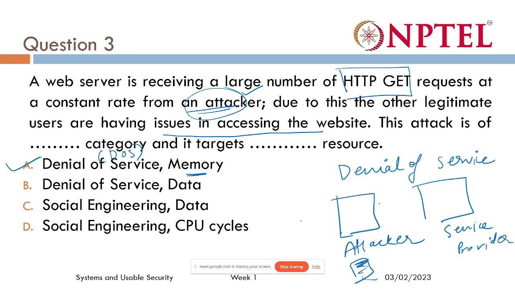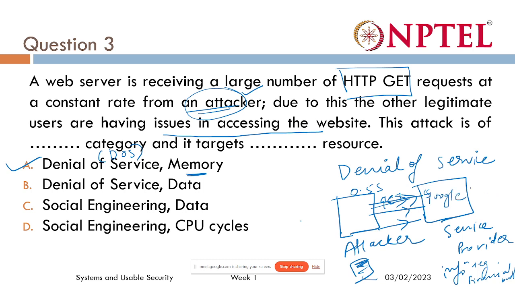This attacker is sending multiple requests to this Google server, asking for information regarding a certain web page, let's say a financial budget, and it's sending requests at a constant rate. Let's say after every 0.5 seconds it's sending HTTP GET requests to the Google server.